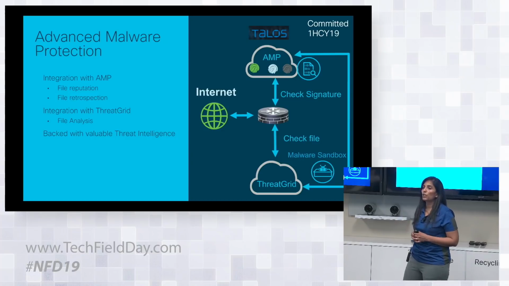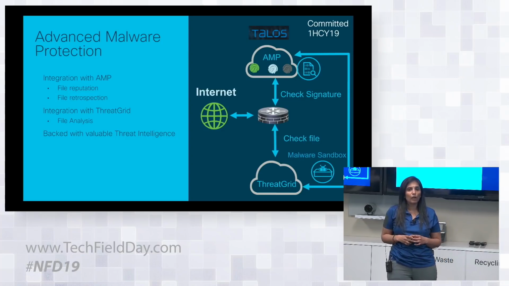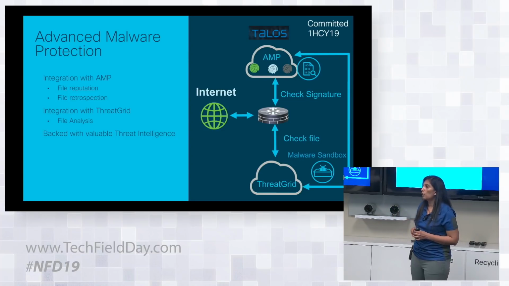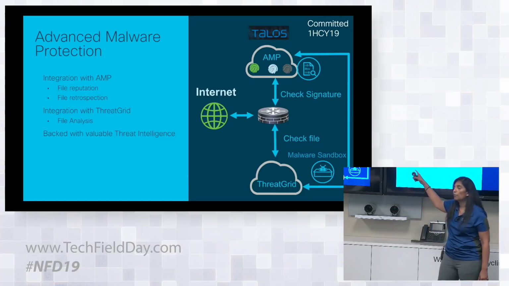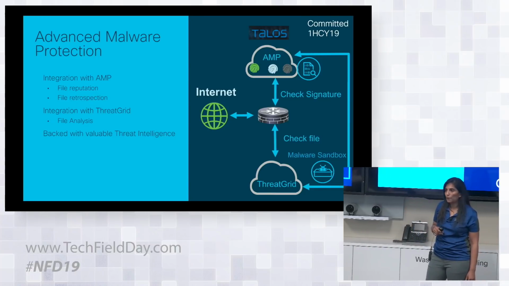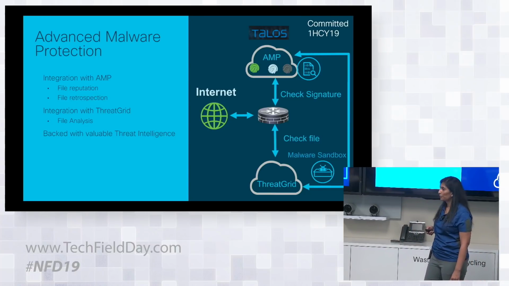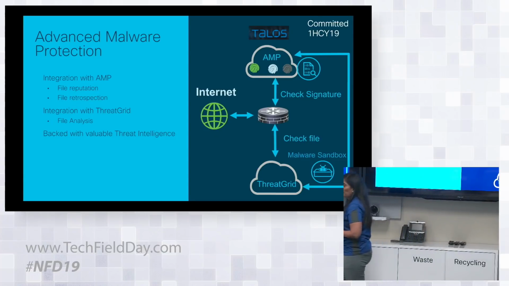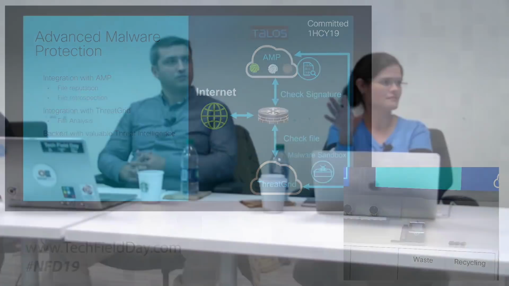So in the future, if the same file were to be uploaded to the internet or downloaded from the internet, we'll be able to hear from the AMP Cloud. And you still see all of this through vManage, not through FMC. That is correct.